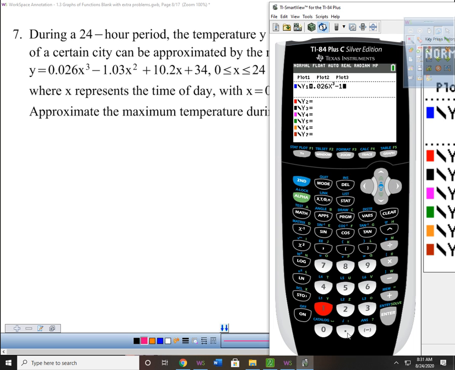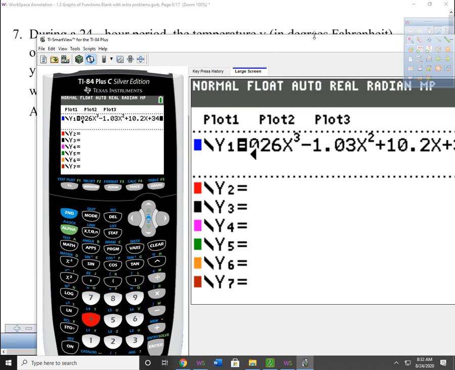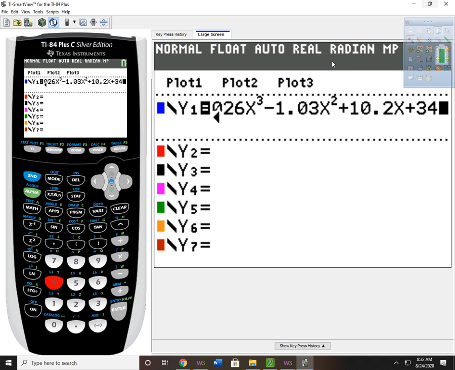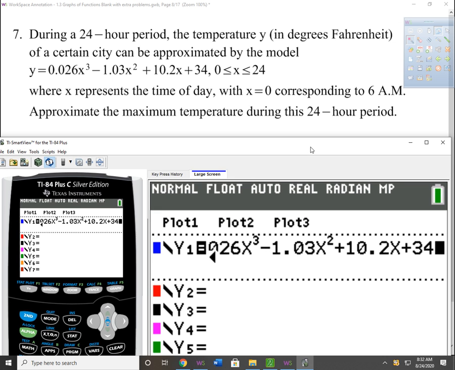Minus 1.03 x squared plus 10.2 x plus 34. All right, so we're trying to find the maximum, what was the question?